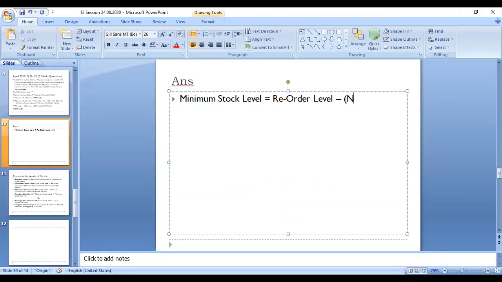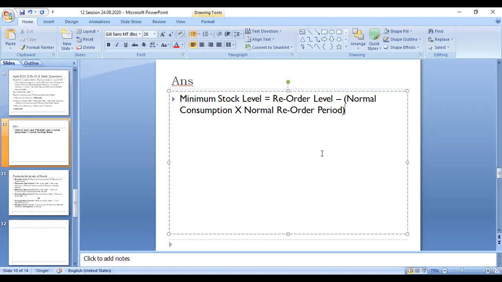You take normal consumption into normal reorder period. So reorder level minus normal consumption into normal reorder period.